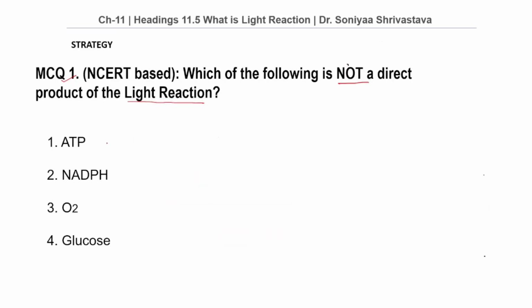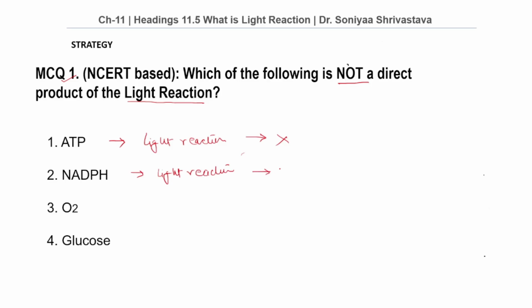Now let's see our options. Option number 1, ATP. As we have already seen, ATP is produced during the light reaction and provides energy for sugar synthesis later on. So this is not our option. NADPH is also a product of light reaction, which provides reducing power needed in the Calvin cycle later on.